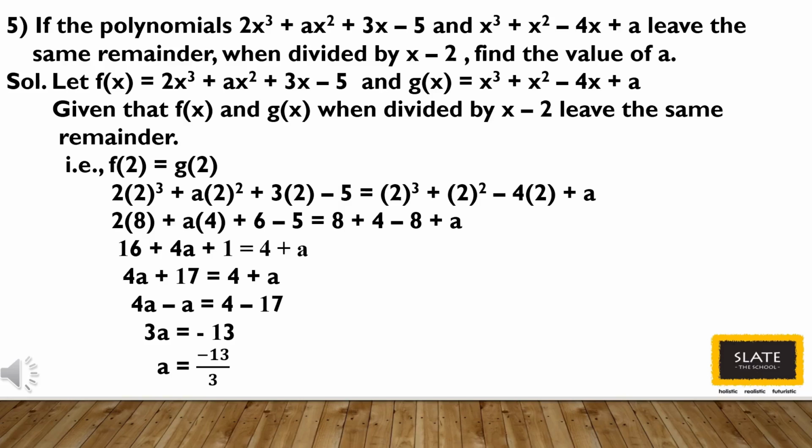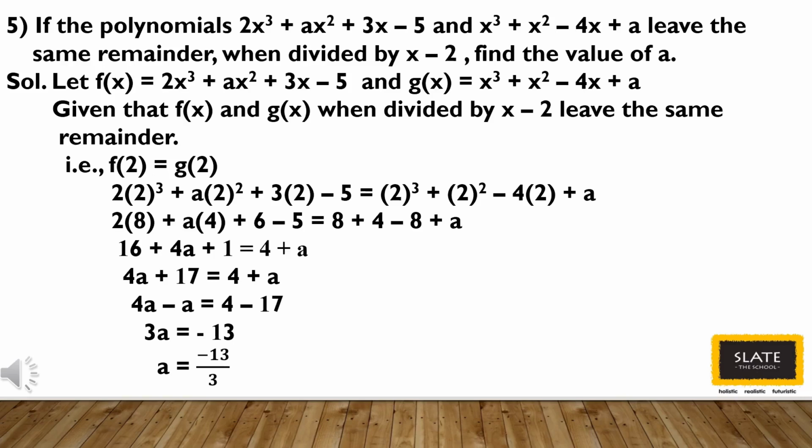On further simplification, left hand side 2 8s are 16, plus a into 4 is 4a, plus 6 minus 5 is 1, is equal to right hand side 8 and minus 8 becomes 0, so we get 4 plus a. Now left hand side 4a plus 16 plus 1 becomes 17, is equal to 4 plus a.